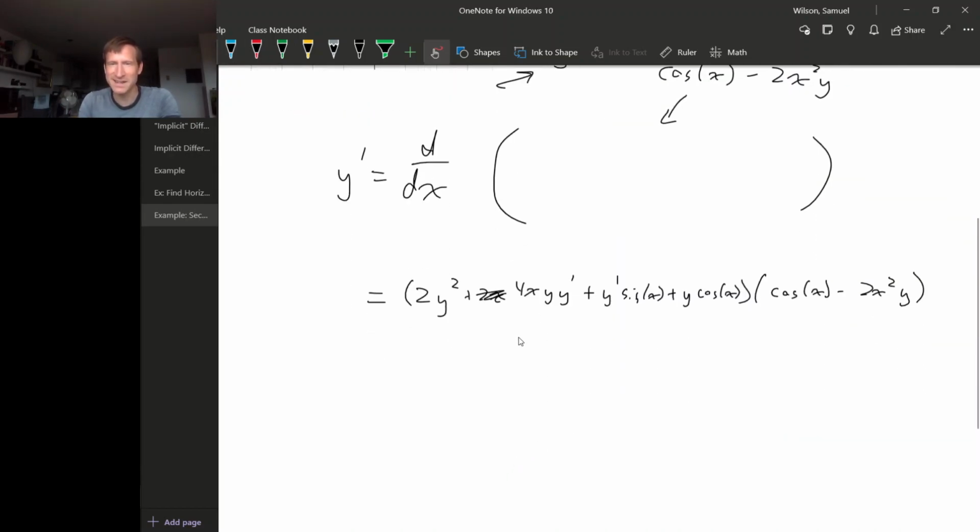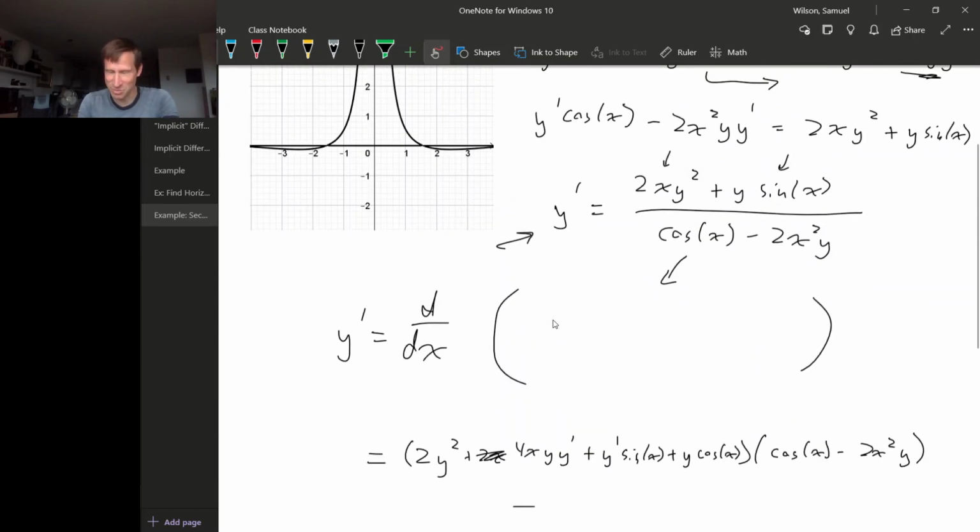So now minus the next piece of the numerator of the quotient rule, that's the numerator with no derivatives, so 2xy squared plus y sine x. So that times the derivative of the denominator.